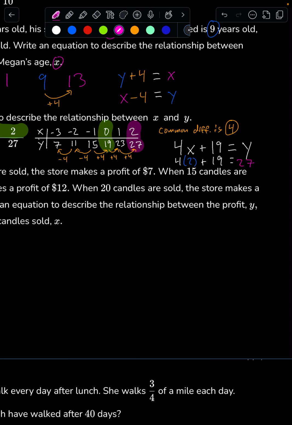So what we just did was we verified that this equation will work for another set of values in our table. And after that, we're done. So this will be our equation that we use: 4x plus 19 equals y.